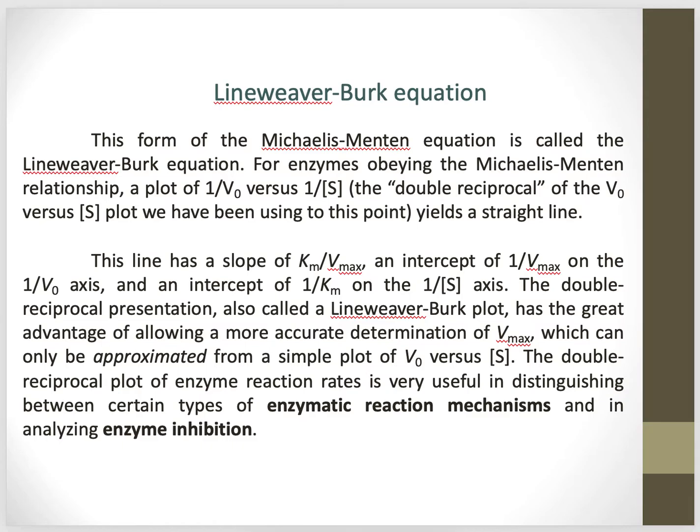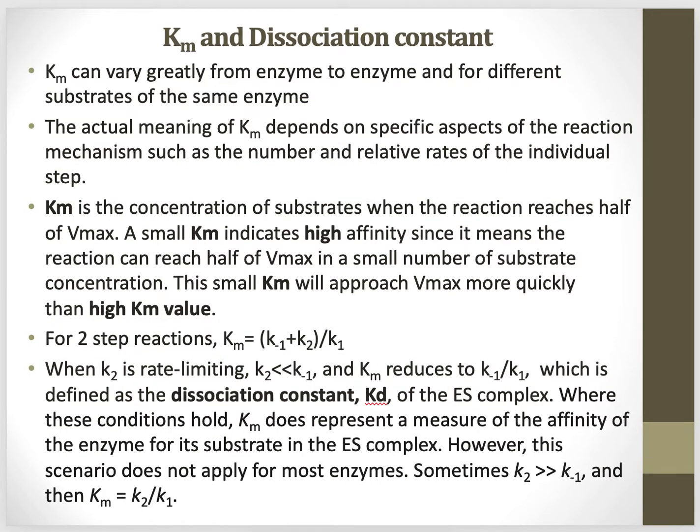So we are done with the Michaelis-Menten equation and its further derivations like the Lineweaver-Burk equation. Now, to understand the kinetics, we need to be familiar with some more constants.